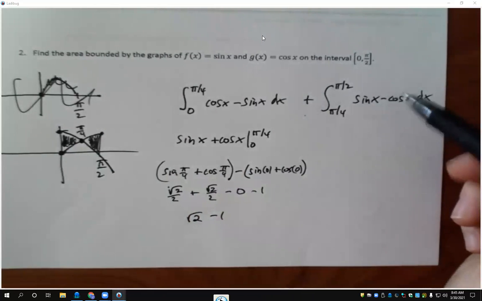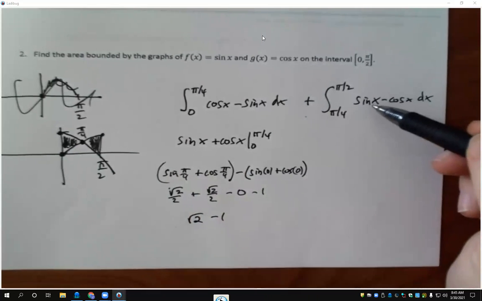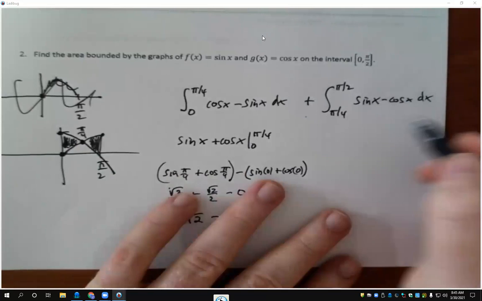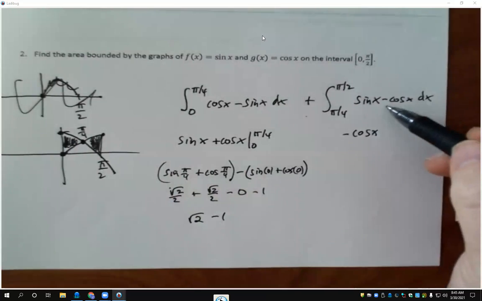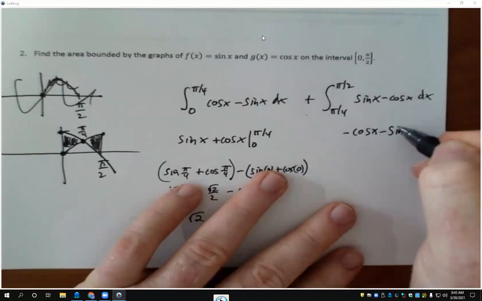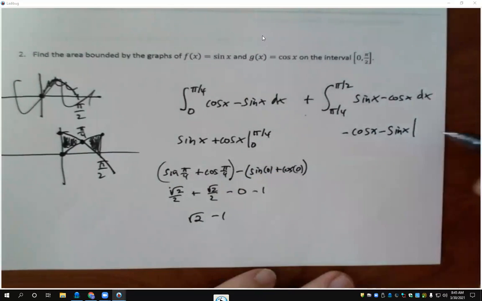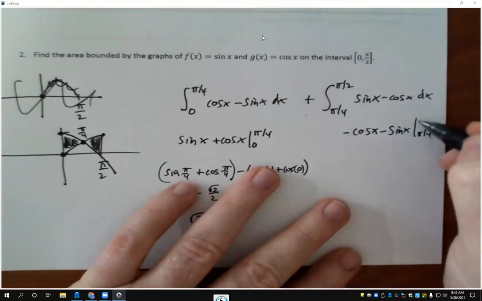And then going to this one, the antiderivative of sine is negative cosine, and the antiderivative of negative cosine is negative sine. And we're doing that one from pi over 4 to pi over 2.